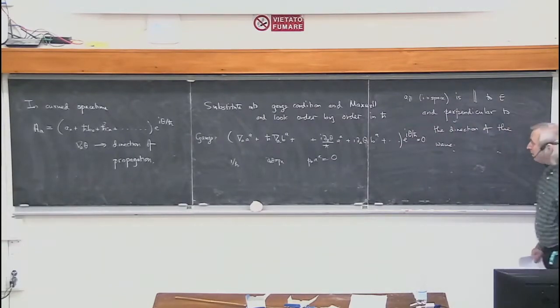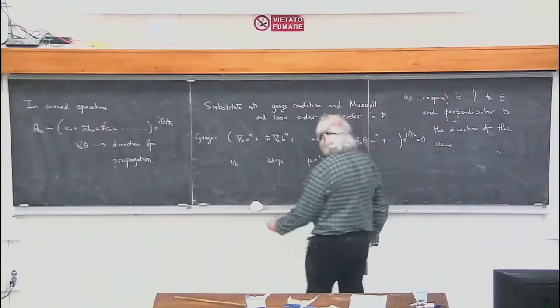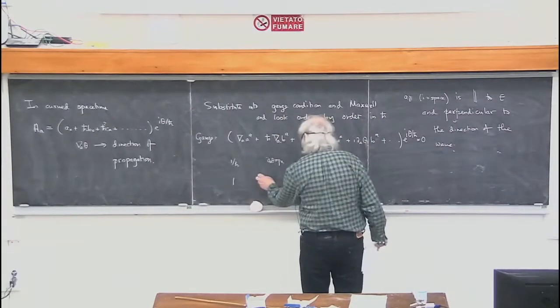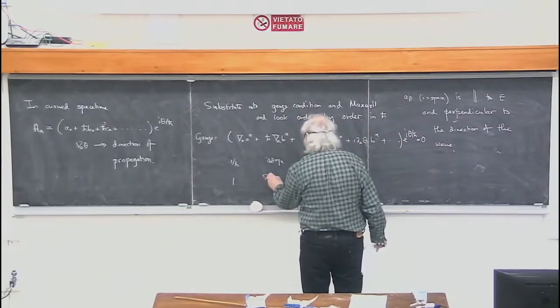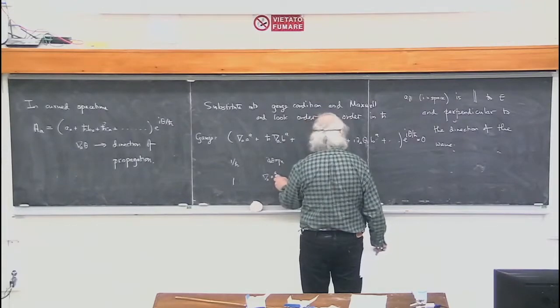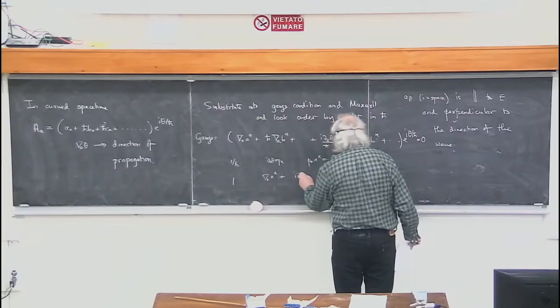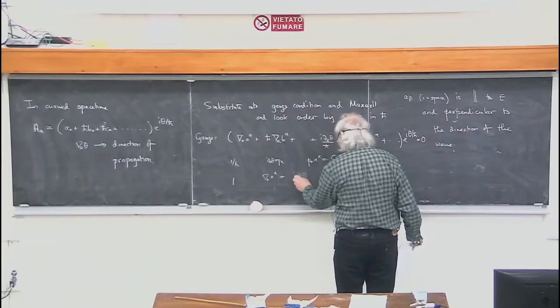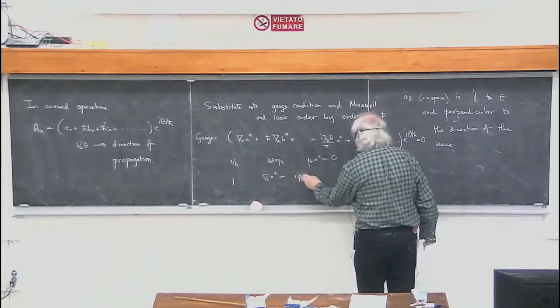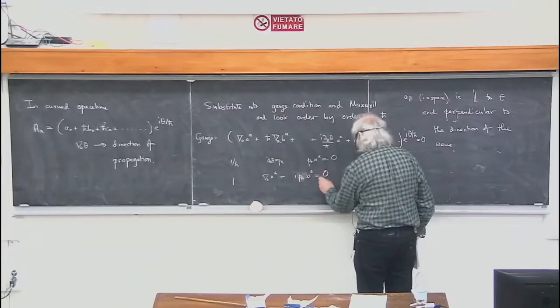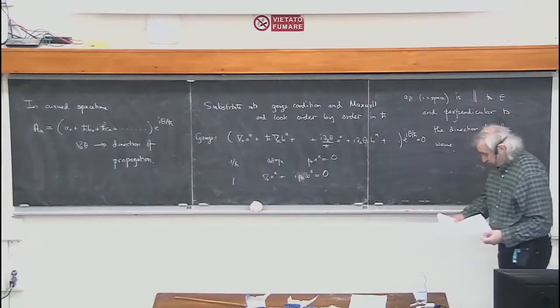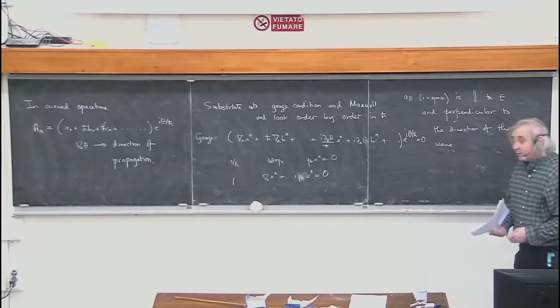To order 1, we get something more interesting. We get ∇_A of A^A plus i ∇_A of θ, which is of course P_A, times B^A equals 0. And that determines B for you.